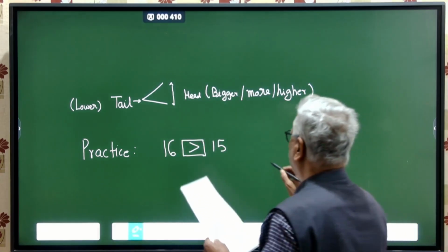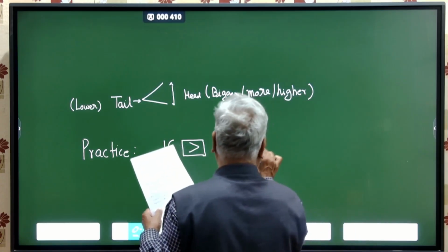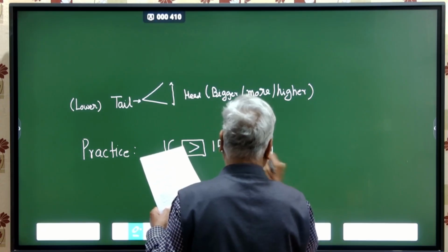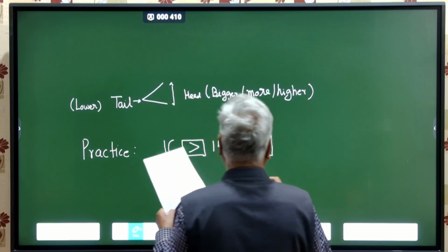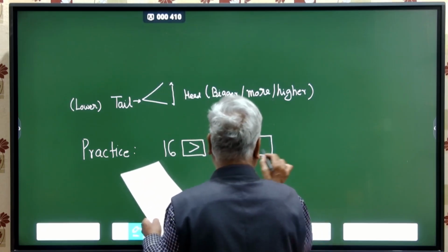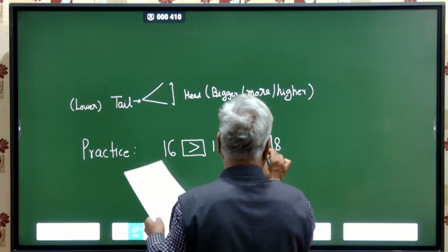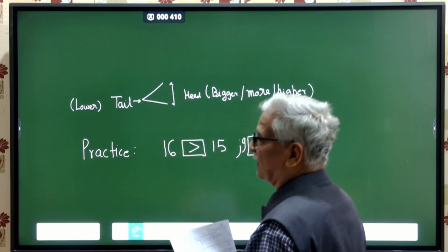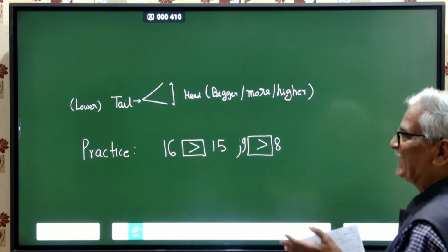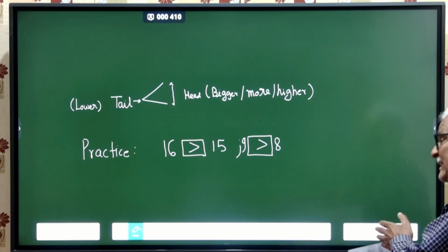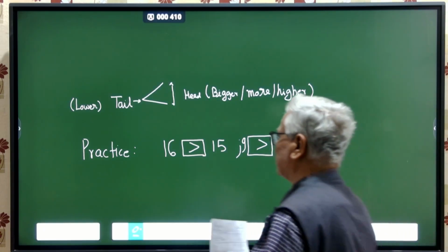Similarly, ask the students to fill up this. Say here 9 and here 8. It can be put like this. Similarly, you can make all the numbers between 0 to 20 to have a practice.